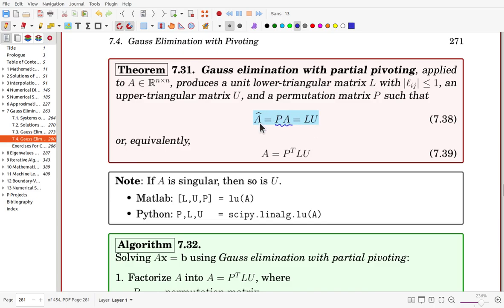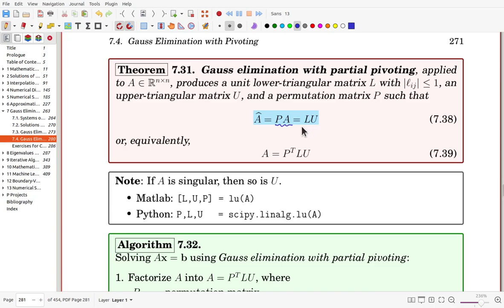We are using a hat notation, but here the idea is that during these operations, the row permutation is happening, and then eventually we end up with LU factorization.